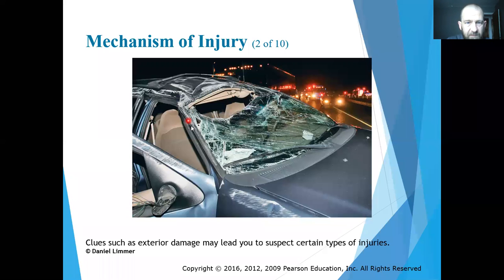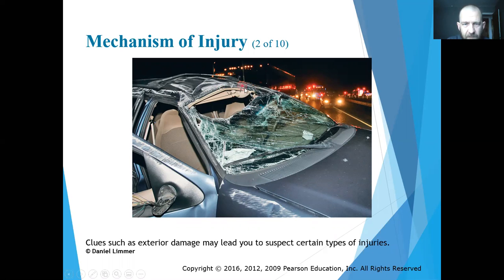All right, you can see here on the car, we've got all these scrapes, right? Along the door, the mirror on this door is gone. We have all these scrapes up top on the roof.